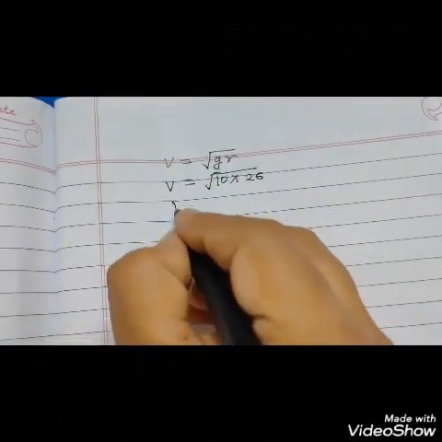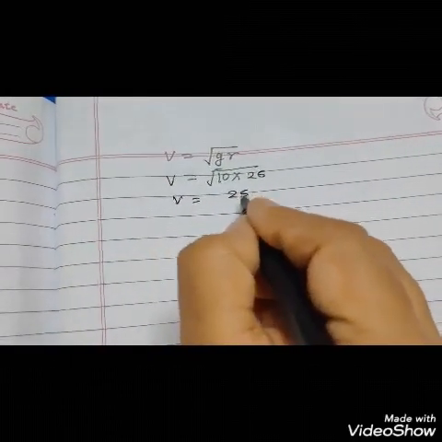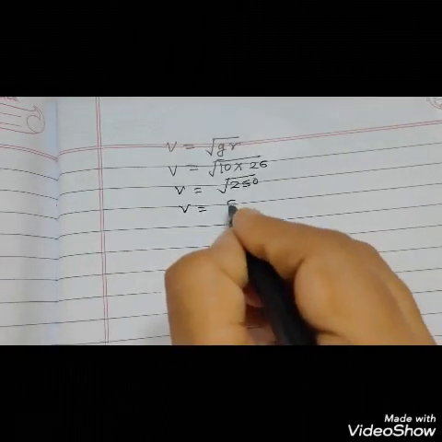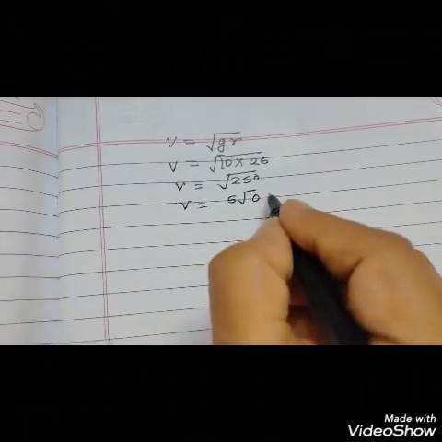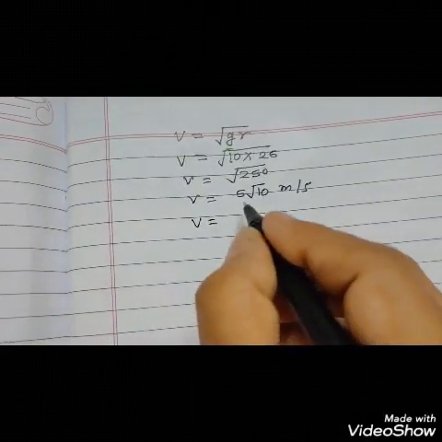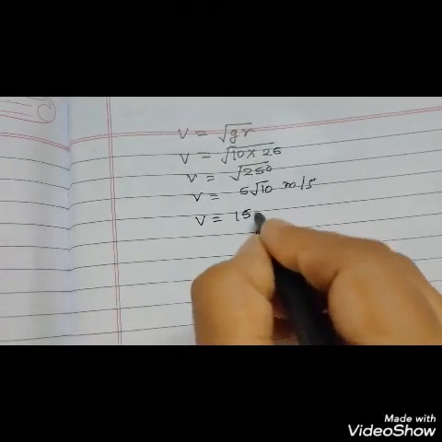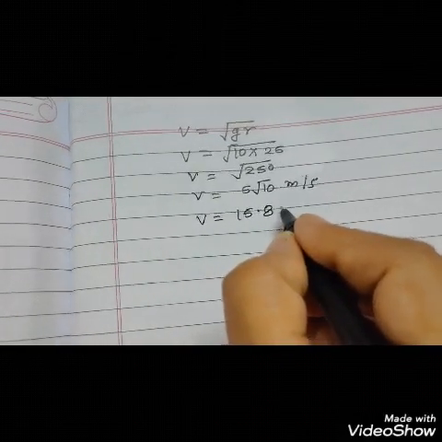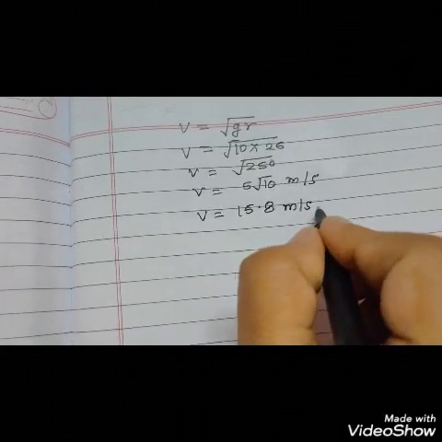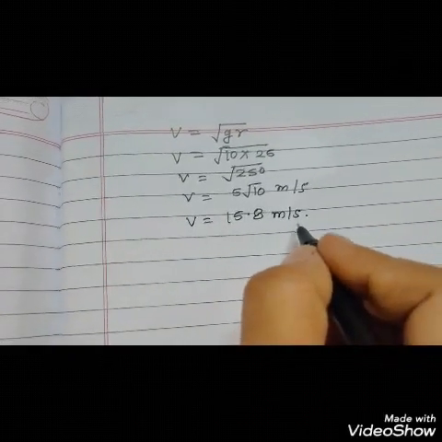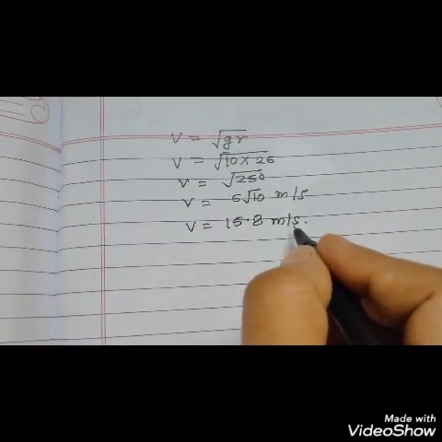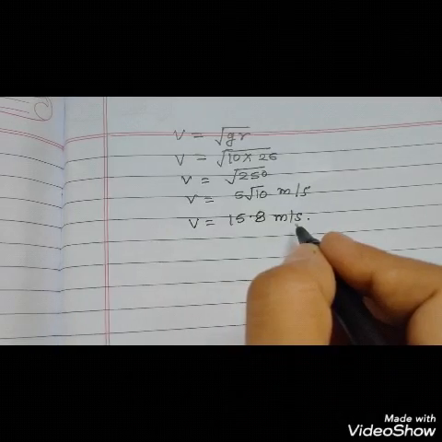So if you calculate the root of this, it will come v equal to 5 root 10 meter per second, or in decimal approximately 15.8 meter per second. So this should be the minimum speed of the person who is taking the vertical loop inside a death well.